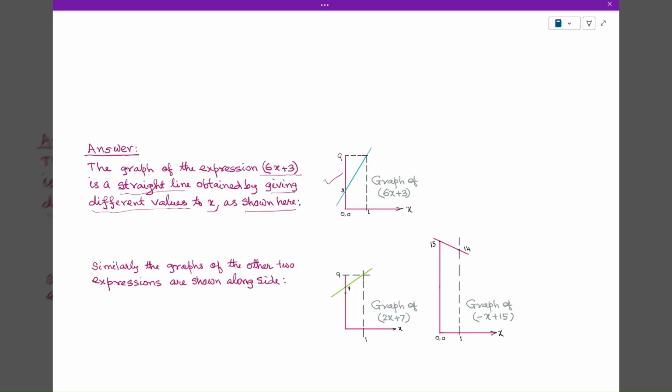Similarly, the graphs of the other two expressions are shown alongside. The graph for 2x + 7 is this, and the graph for -x + 15 is this. Please do it yourself and see that these are indeed so.